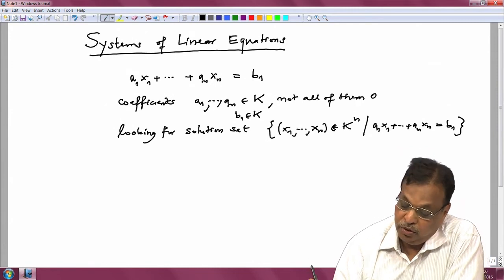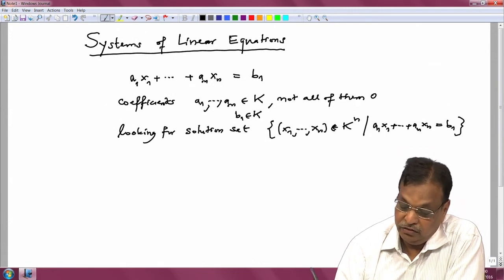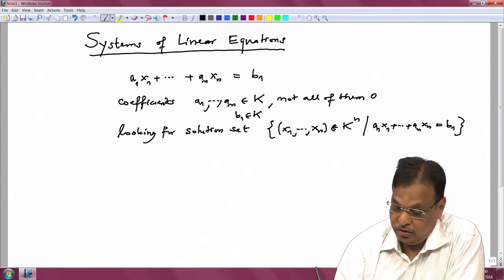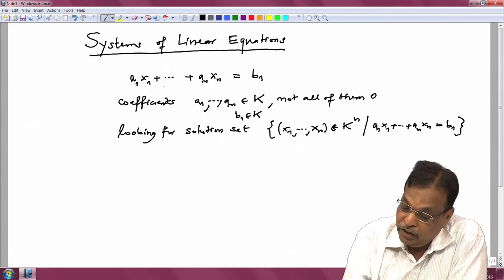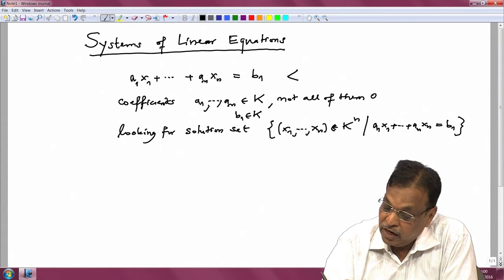Okay, I want to improve the notation a little bit so that it gives us more possibility to generalize also. So, instead of writing in the equation form, I will just identify this with an n plus 1 tuple.